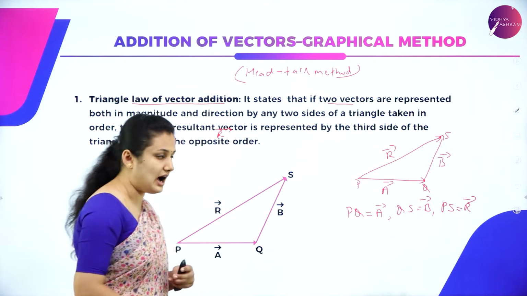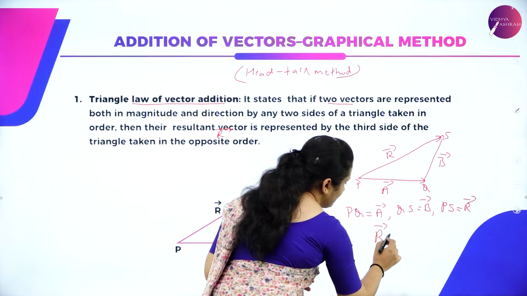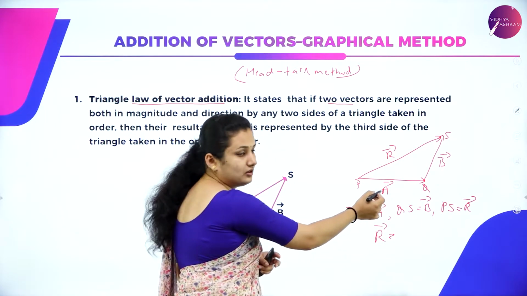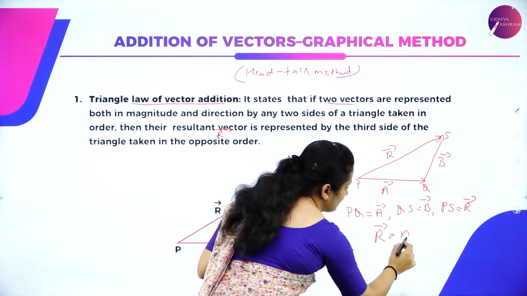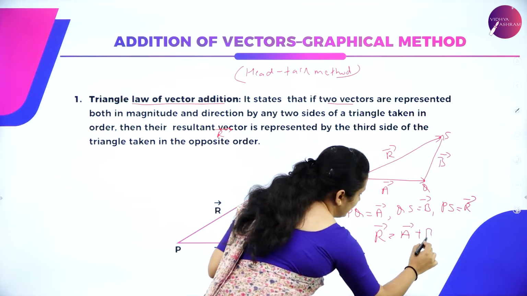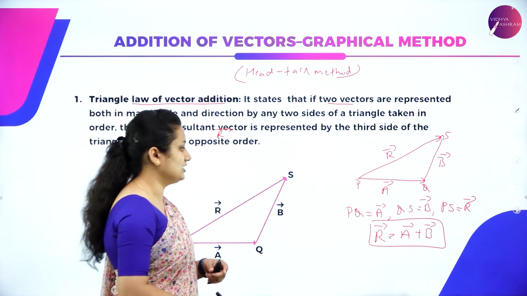So your R vector will be the sum of two sides, that is A vector plus B vector. So this is the triangle law of vector addition.